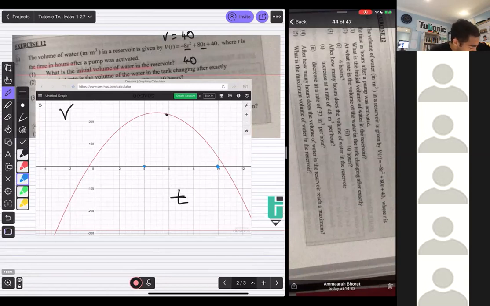What's a quick way of finding the derivative graphically, without any calculations, just to give you an idea?